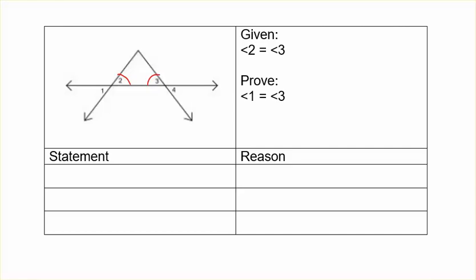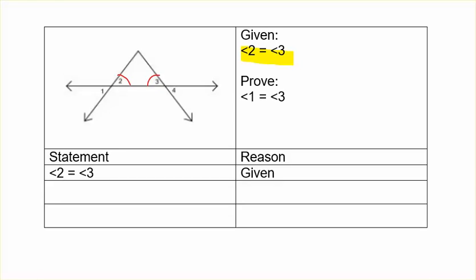Let's get started. Remember, first thing we're going to do is copy down that given information. They told us that angle 2 is equal to angle 3. I write that down always as my first statement. So angle 2 equals angle 3, given.